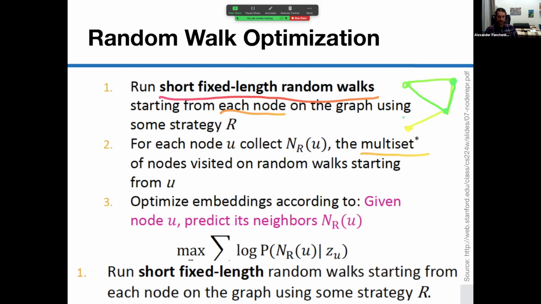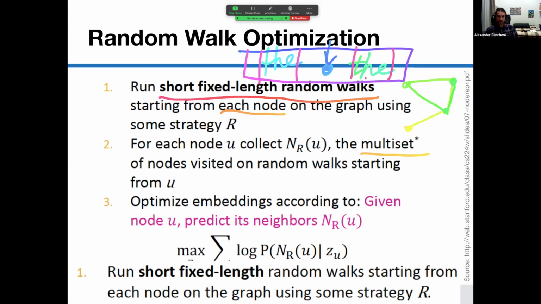This is the same as observing, let's say, the same word in Word2Vec as context. If this is a target word, you can have a context, and then this word shows up, let's say, twice.